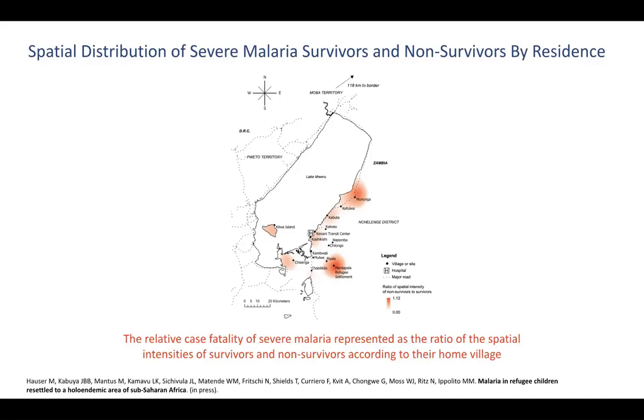And just very briefly, this slide is highlighting the relative case fatality of severe malaria among children hospitalized at the main district level hospital there, and showing increased mortality in children arriving from the Montepala refugee settlement and from a community that's some distance away from the hospital, indicating the need for better resources to reach these children and treat these children earlier or transport them to appropriate healthcare facilities. So again, leveraging geospatial data to understand spatial patterns in malaria mortality. Next slide.